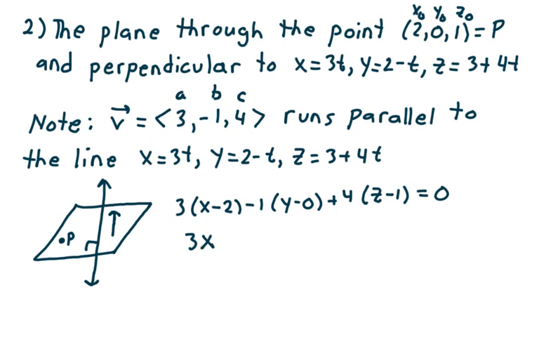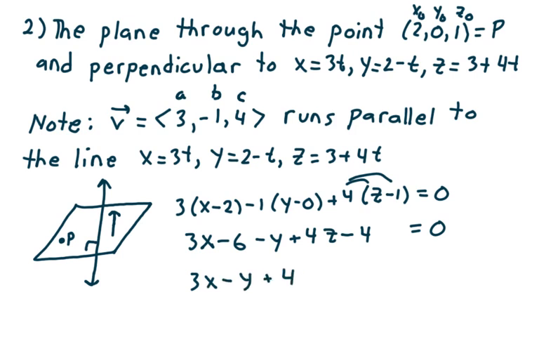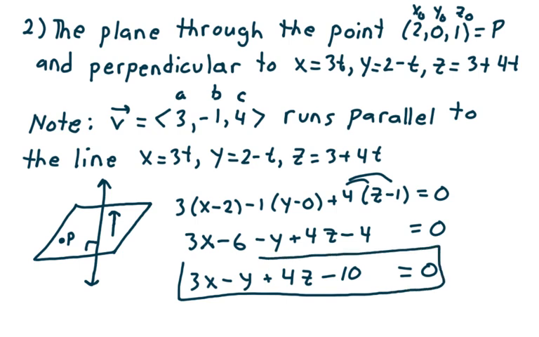So 3x minus 6 minus y, and then distributing the 4 inside, plus 4z minus 4 equals 0. So 3x minus y plus 4z minus 10 must equal 0. And that's how we do example 2.